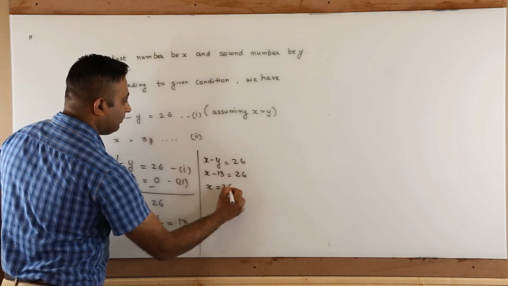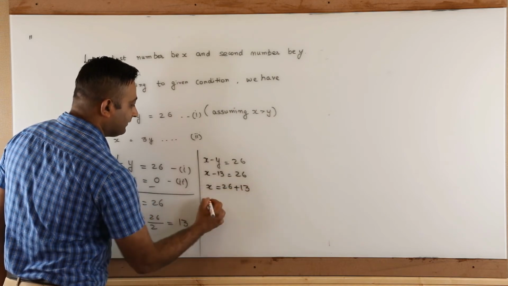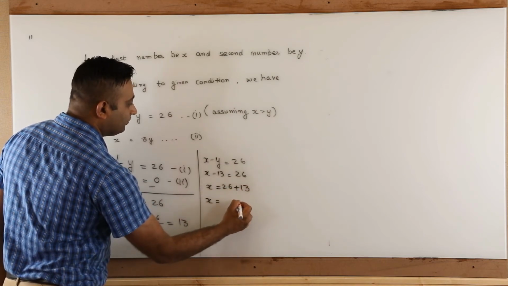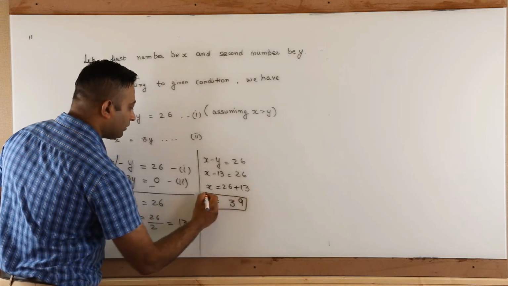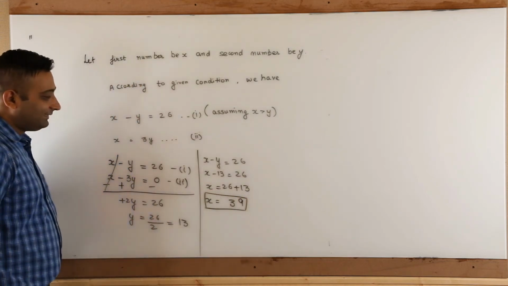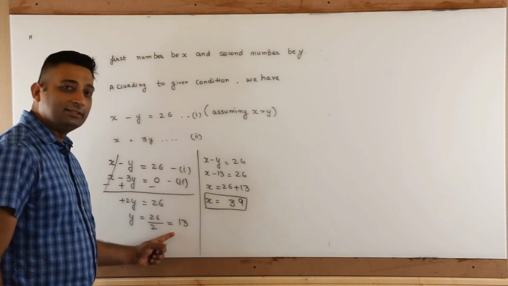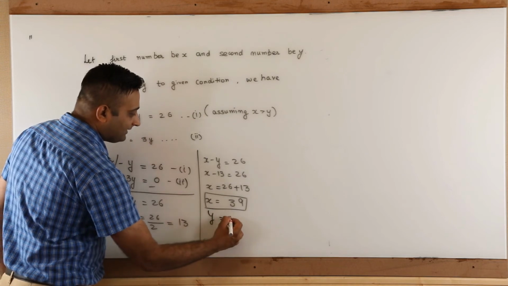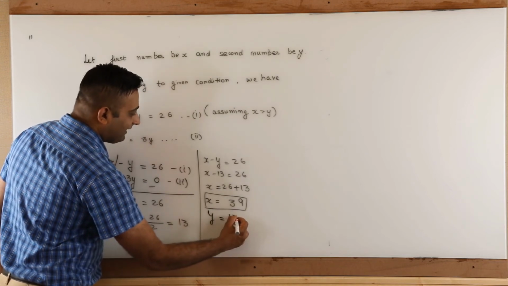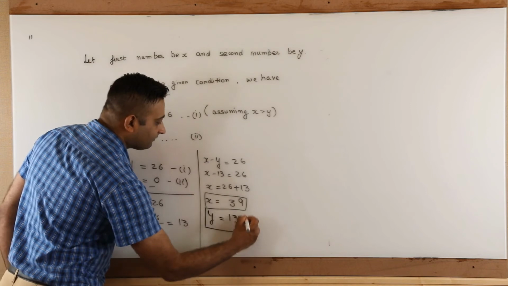That is x is equal to 26 plus 13. That is x is equal to 39. So we got the two numbers, that is 39 and 13. These are the two numbers. x is equal to 39 and y is equal to 13.